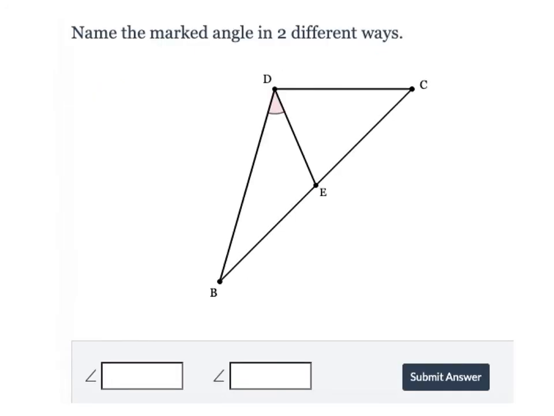Okay, one more of those. It says name the marked angle in two different ways. We're marking right here angle D, so we have to name angle D in two different ways.